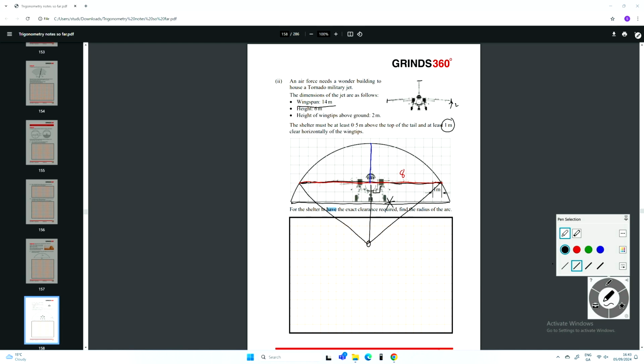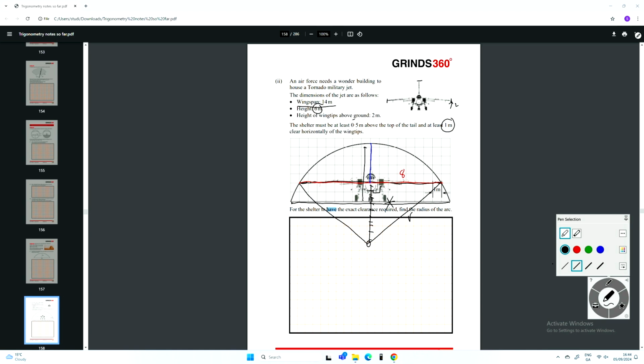I know that this bit over here is OR. So the question is, what's this bit here, so I can use Pythagoras? To do that, I want to find what the blue line is and subtract that from OR to get my answer. Notice we're told that the height of the jet is 6 meters. So from here to the top of the tail, that's 6 meters.